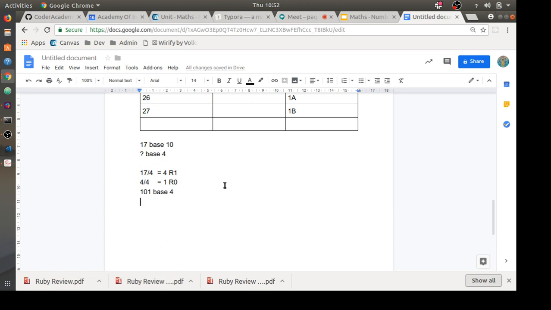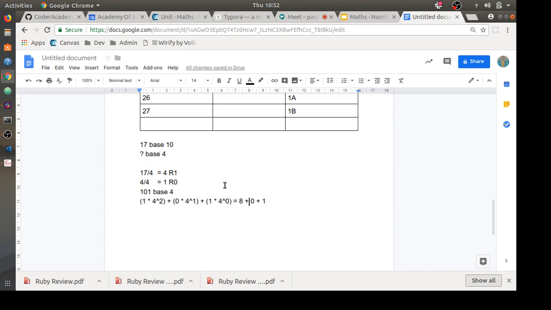Okay? So 101 in base 4, if we write it in expanded notation, is 1 times 4 to the second power plus 0 times 4 to the first plus 1 times 4 to the 0, which is the same as 8 plus 0 plus 1.